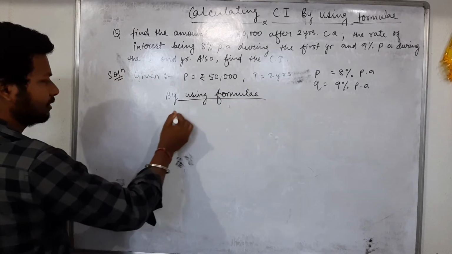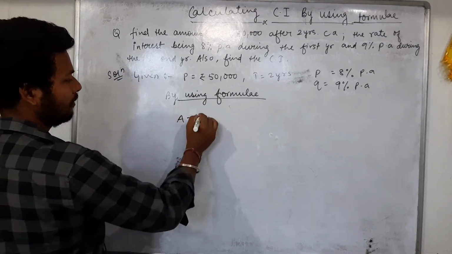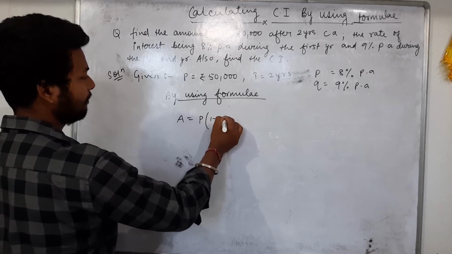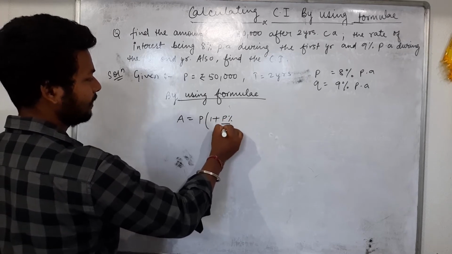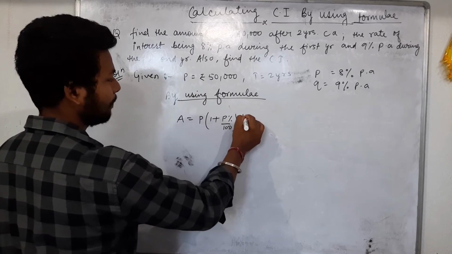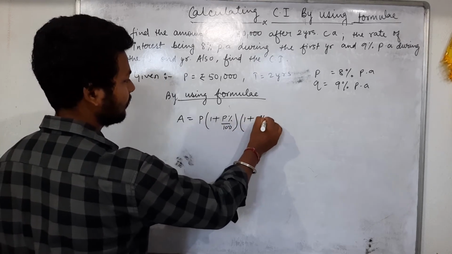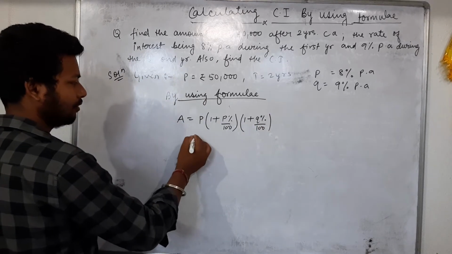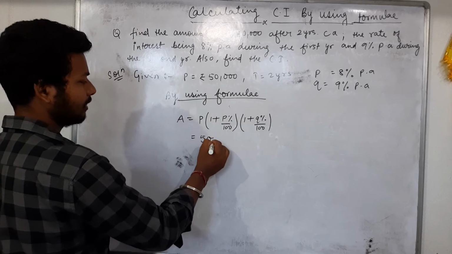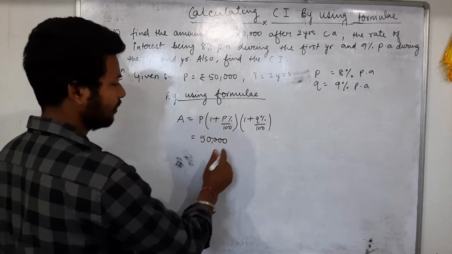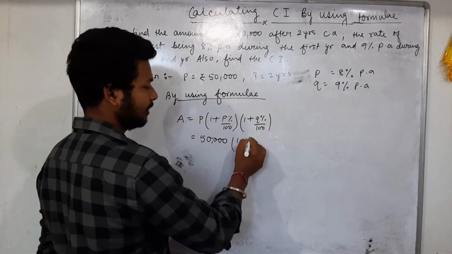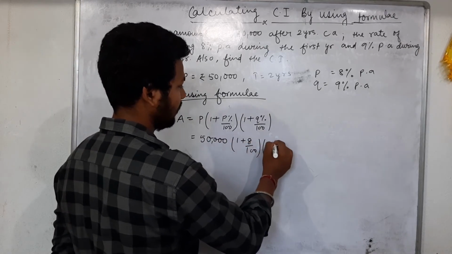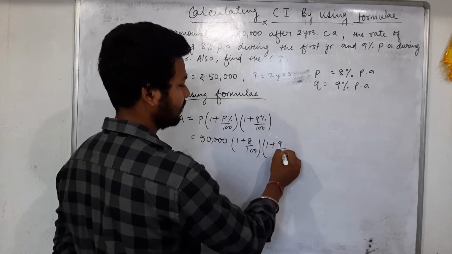we can write the amount is equal to P into 1 plus P percent by 100 into 1 plus Q percent by 100. So the value of P, that is principal, that is 50,000, into 1 plus 8 by 100, into 1 plus 9 by 100.